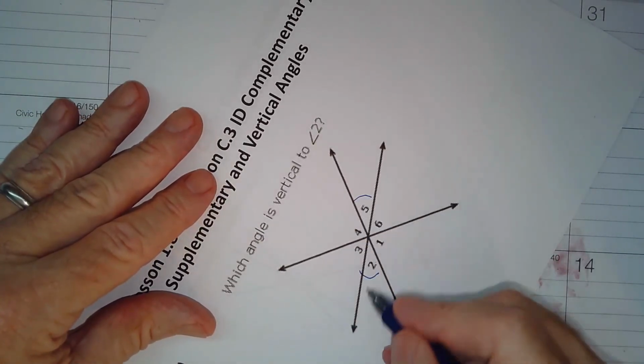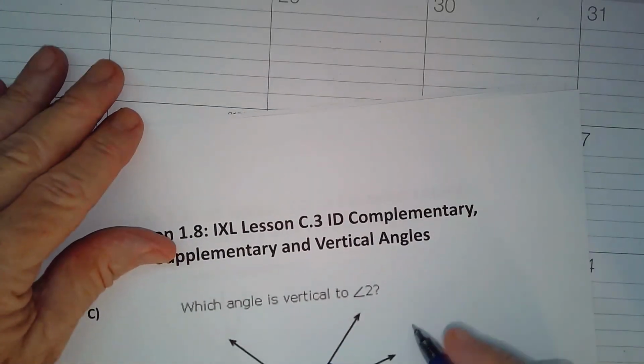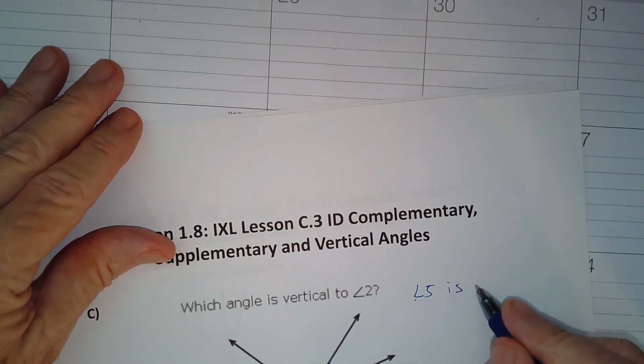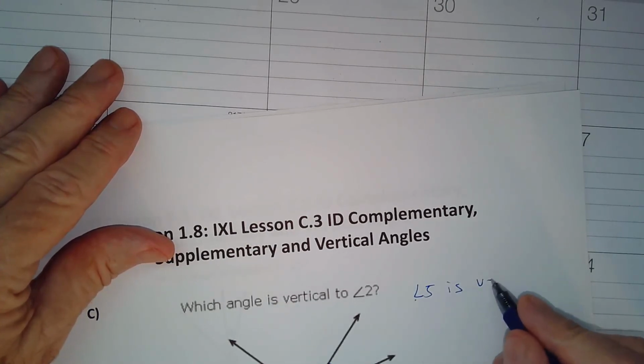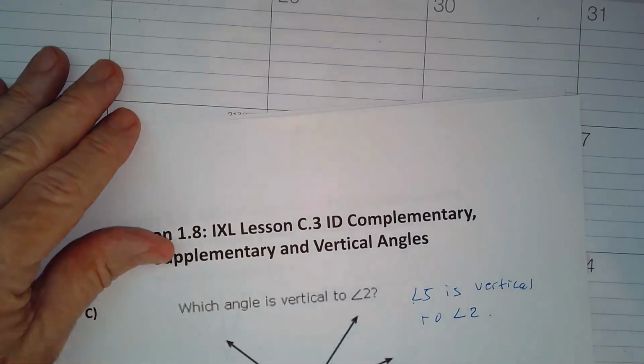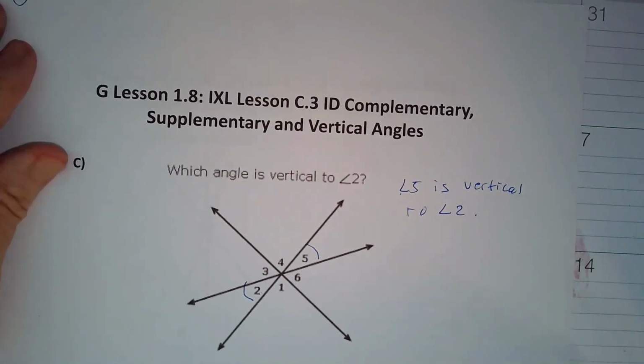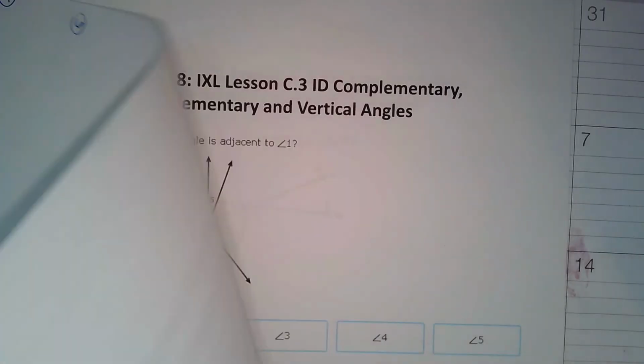And notice they share the same intersecting lines. So angle 5 is vertical to angle 2. Okay, all right. So that takes care of vertical angles.